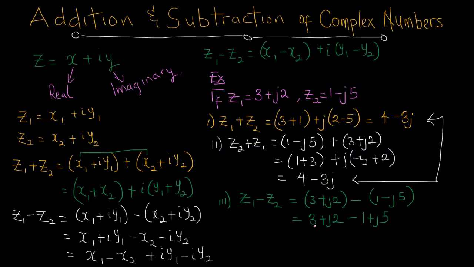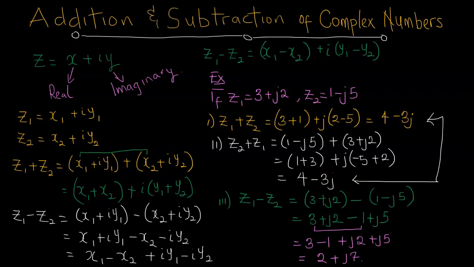Collecting like terms, merging the real parts, this is 3 minus 1, and combining the imaginary parts, that's j2 plus j5. So we see that z1 minus z2 is 3 minus 1, that's 2, then plus j2 plus j5, that's j7.